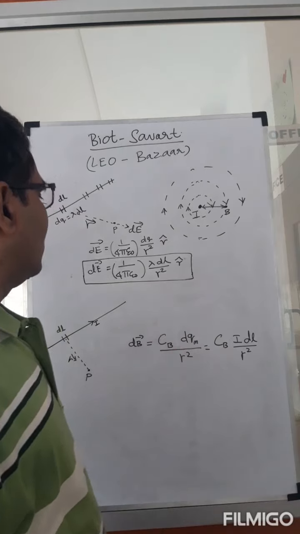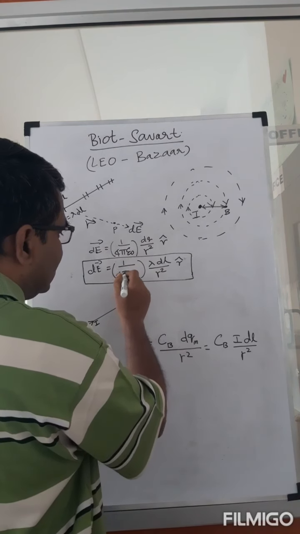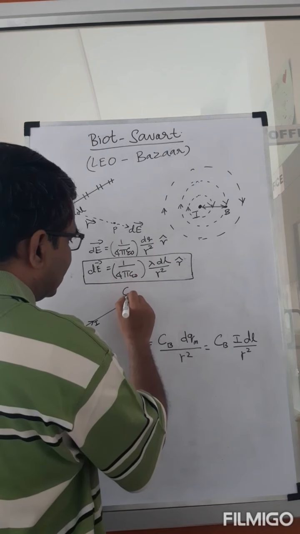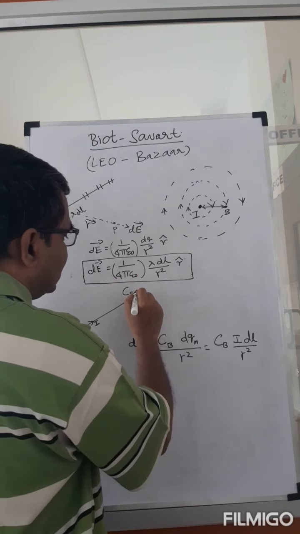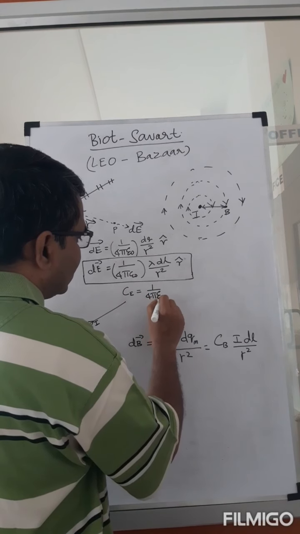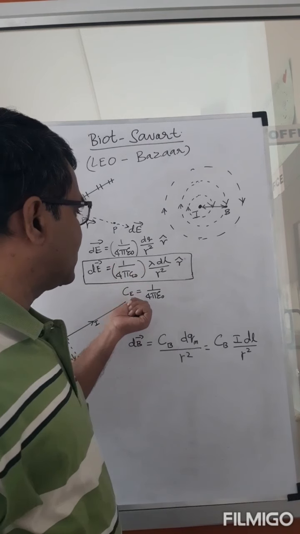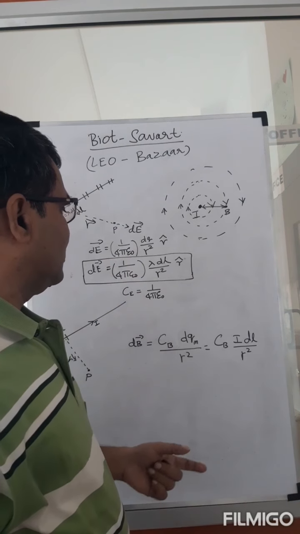So look at this. What is this 1 by 4 pi epsilon naught? This is what we called Ce. Ce is equal to 1 by 4 pi epsilon naught. When we made this comparison, we used the symbol Ce for this quantity.